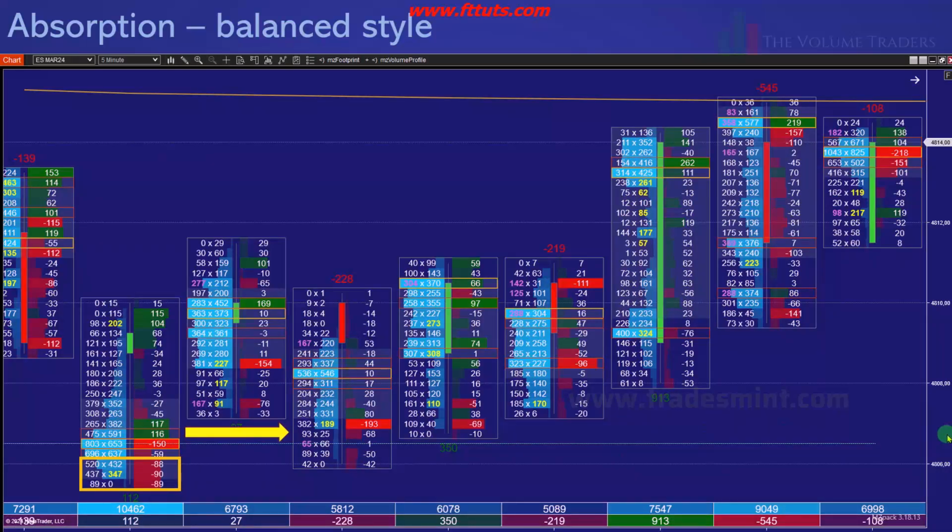So when the price goes for a retest, this would be my entry. In this case, the second candle with the minus 228 delta. Yeah, that would be my entry. And this is the one type of entry where I am not waiting for a candle closure.